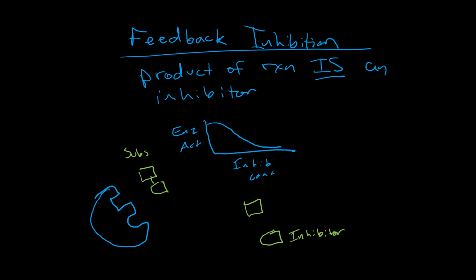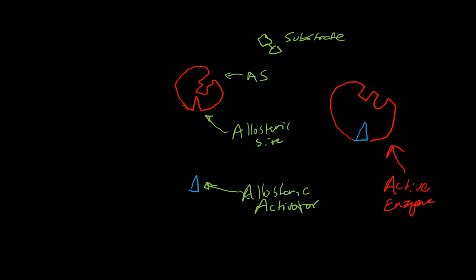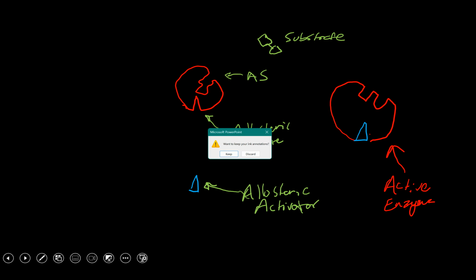So more product means decreased enzyme activity, because more product means more enzymes are binding to the inhibitors, which means fewer enzymes are active. And that's pretty much all I wanted to talk about with enzyme regulation. So hopefully this wasn't so painful, and that also closes out enzymes. So you are now prepared for cellular respiration and or an exam. Woo!